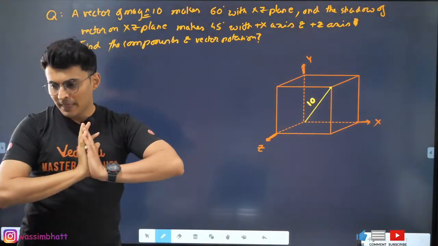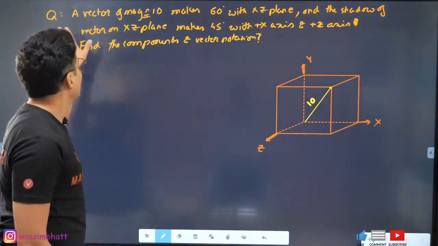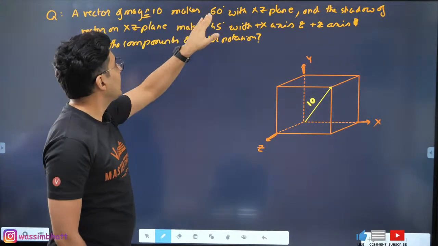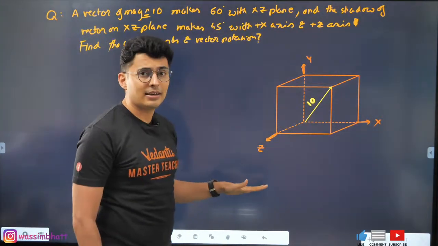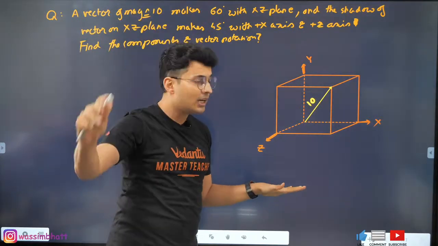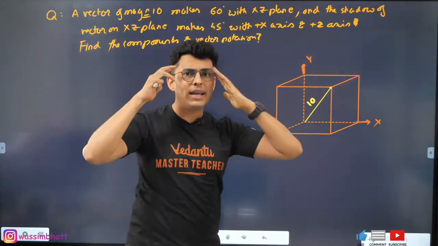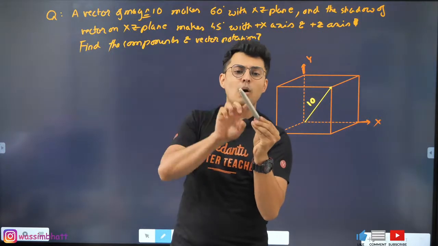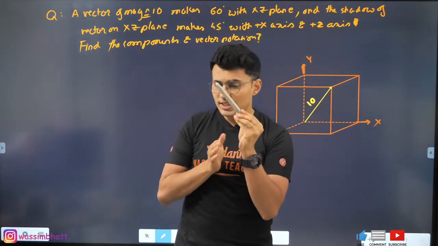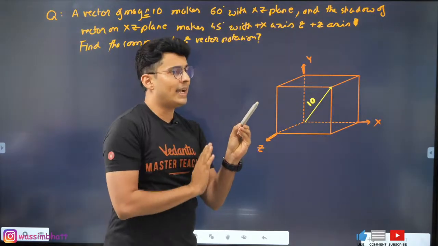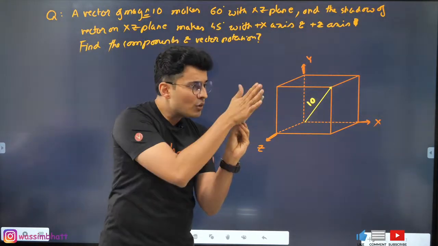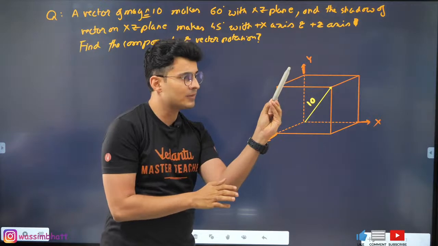Everybody with me on this? So the vector of magnitude 10 makes 60 degrees with the xz plane. Visualize a vector like this.